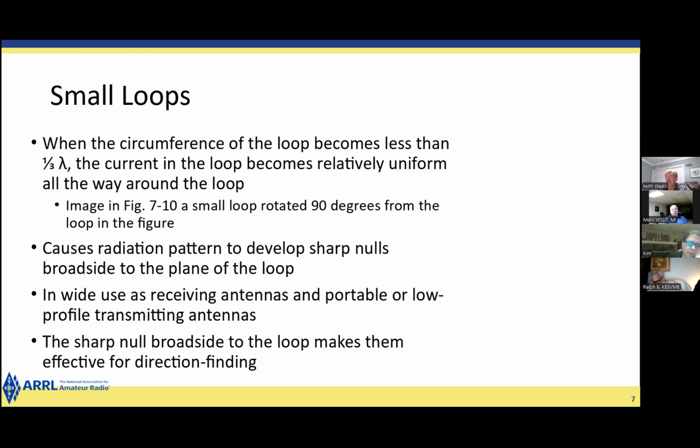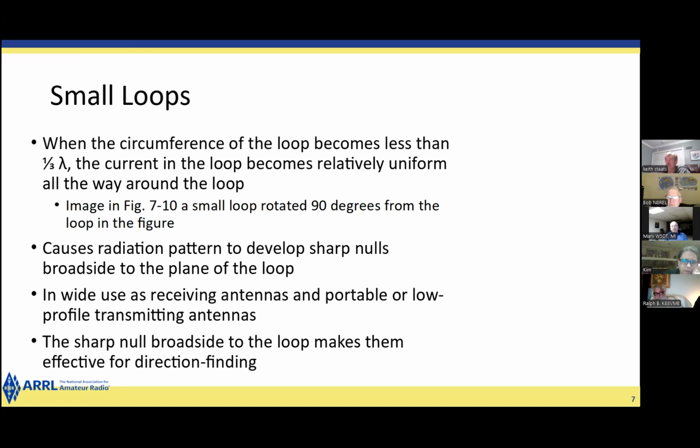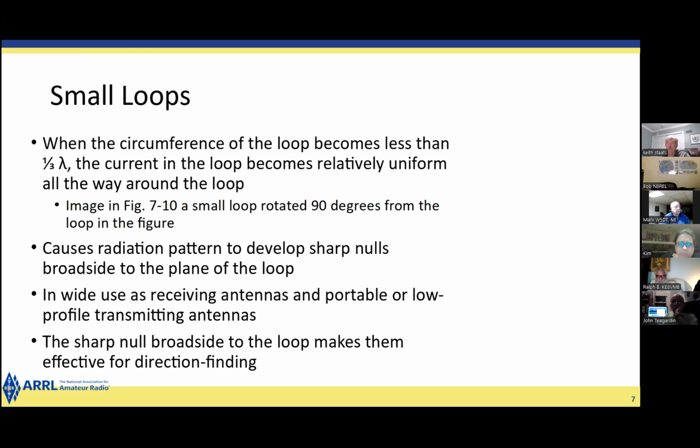The only problem with them is that you've got to tune them all the time. Yeah, narrow bandwidth. And as the comment there says, they're good for direction finding.